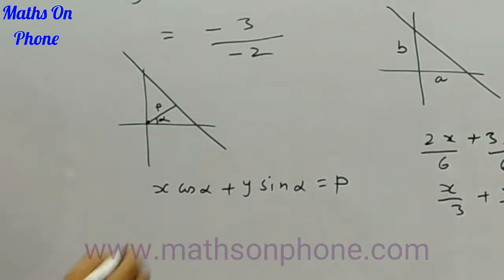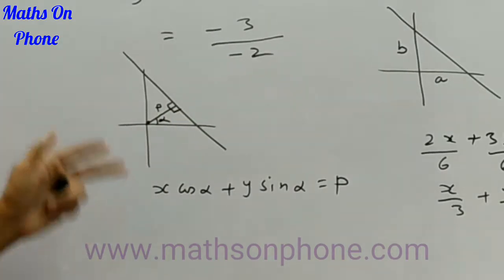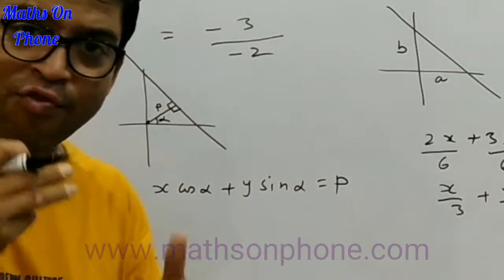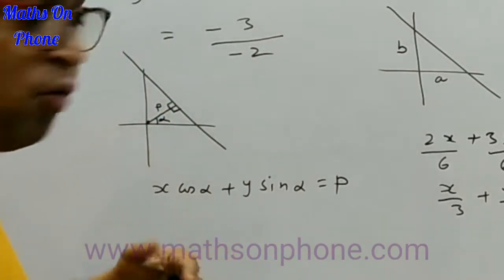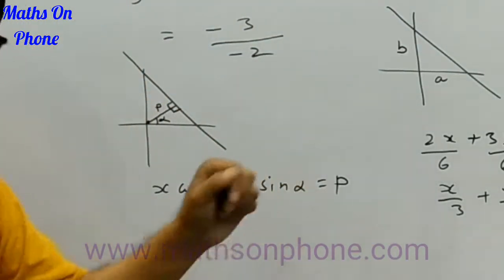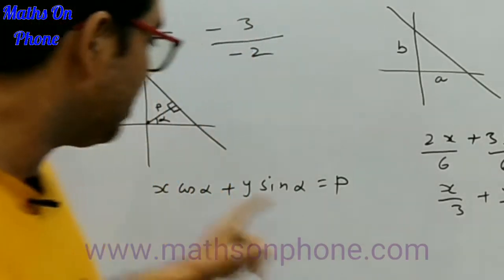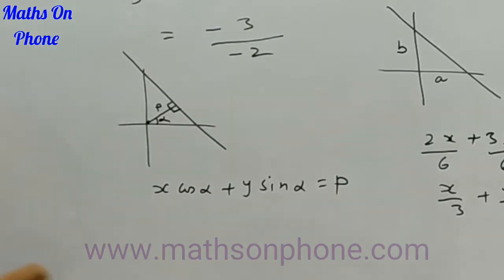So wherever you see that an origin is there and a perpendicular has been dropped from origin to the given line whose equation we are interested in, of length p, and that perpendicular is making an angle of alpha with the x-axis, we can write the equation in that form very easily.